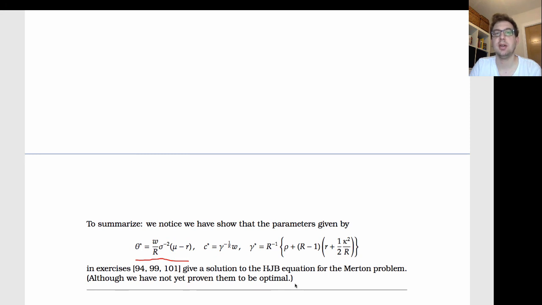So what we'll do next is some of the more mathematical details of proving that when I found a solution to the HJB equation for this problem, then I have indeed found an optimal solution. And what we're going to rely on is this Davis-Varaiya martingale principle. So I'll cover that next. Great, thanks.